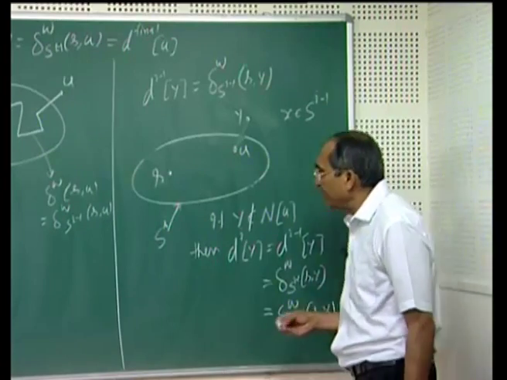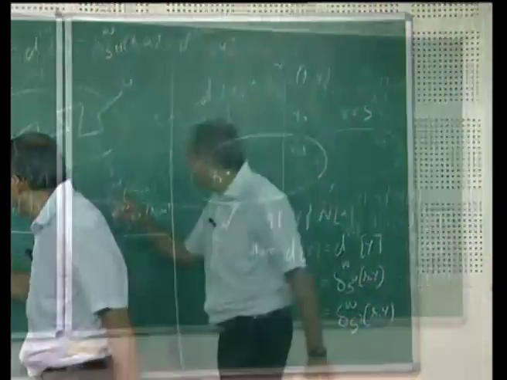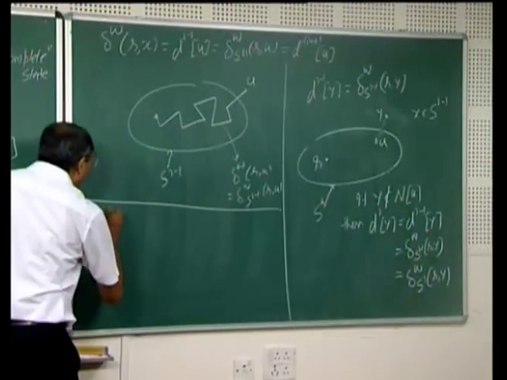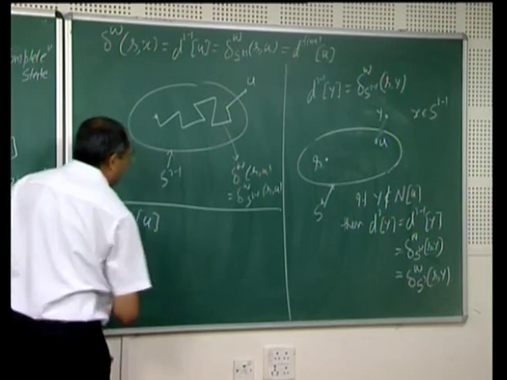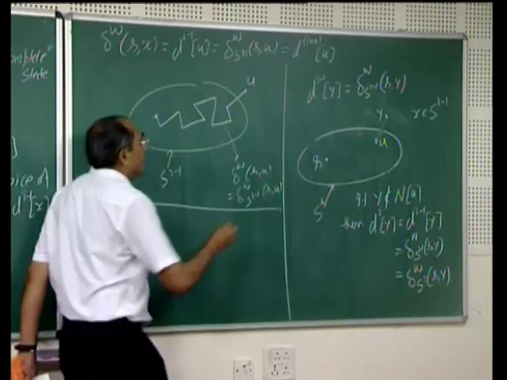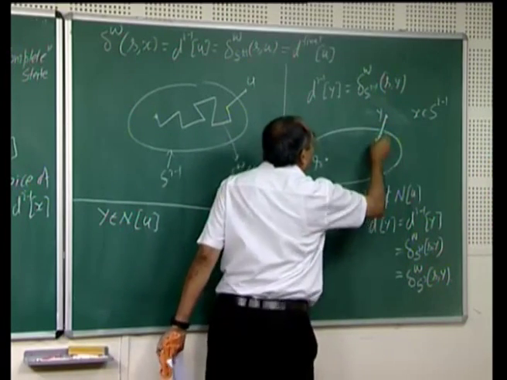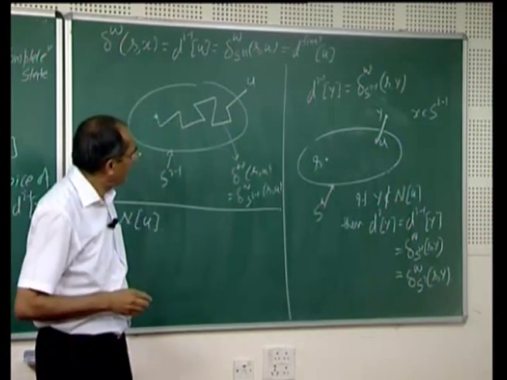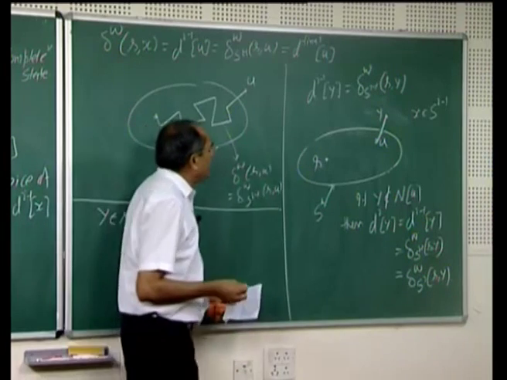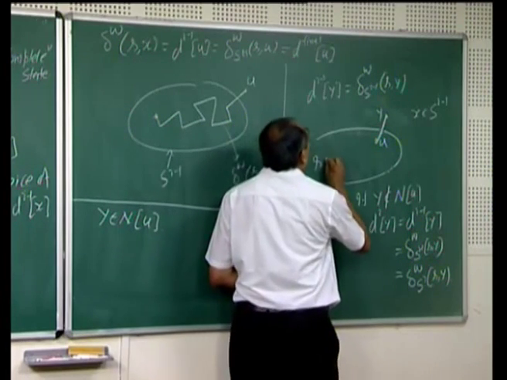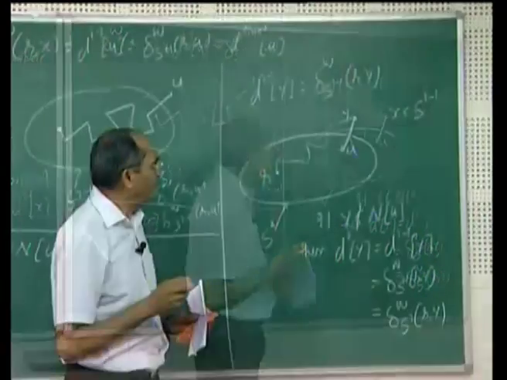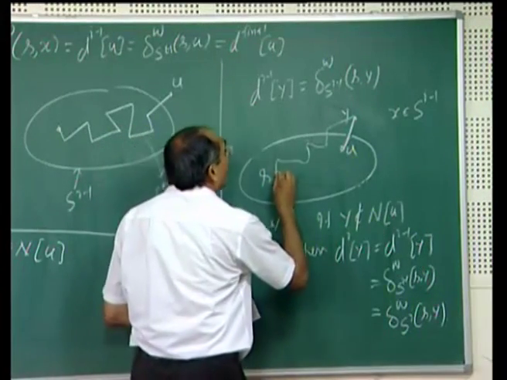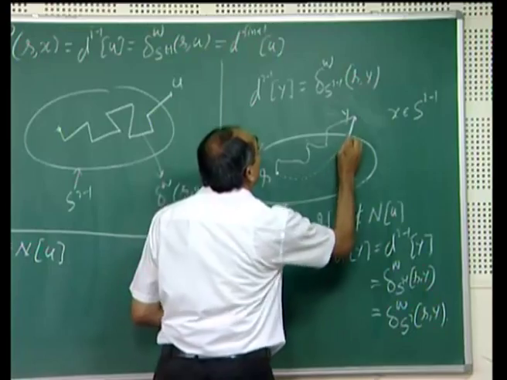The second case is when y is in N(u). So, there is an edge from u to y. There are two types of paths: either they do not use u, the S_{i-1} paths, or there is a path which goes like this and goes through this.